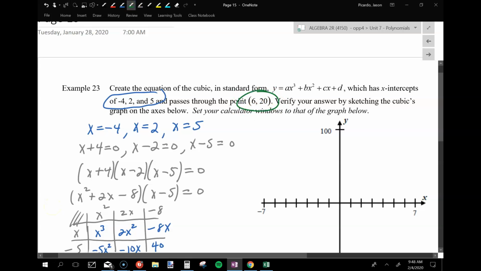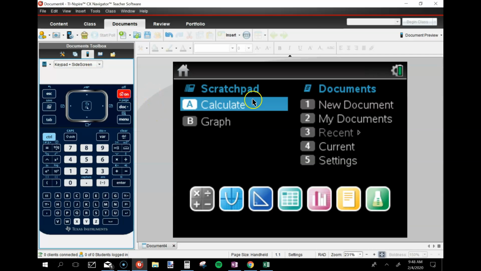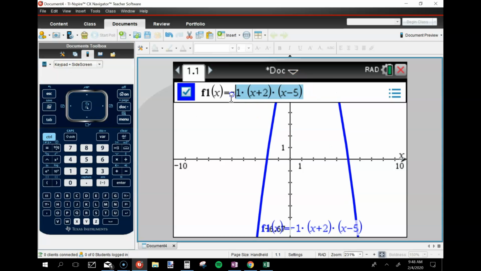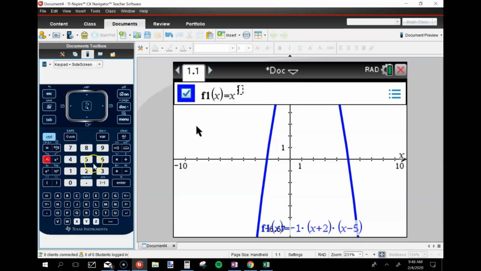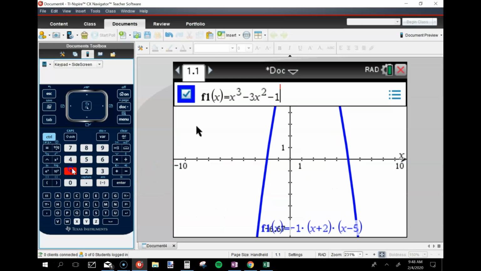I'm going to look at my calculator. I'm going to see what point I actually am going through, right? So I'm going to plug this into my calculator. x cubed minus 3x squared minus 18x plus 40.